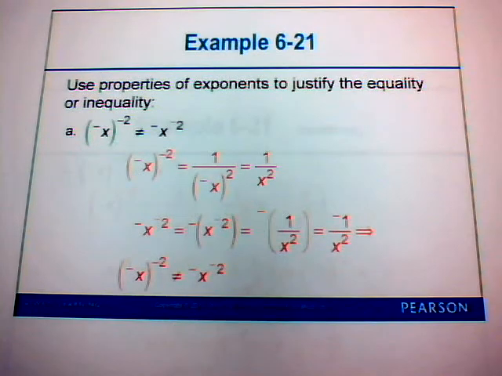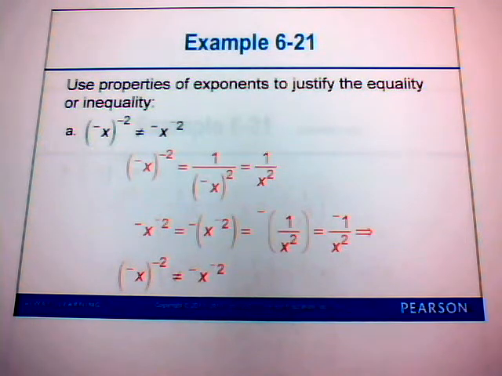Okay, look at this example here. Here we want to use the properties of exponents to justify the equality or inequality. Here I want to show that negative x raised to the negative 2nd power is not the same as negative and then x to the negative 2nd power.